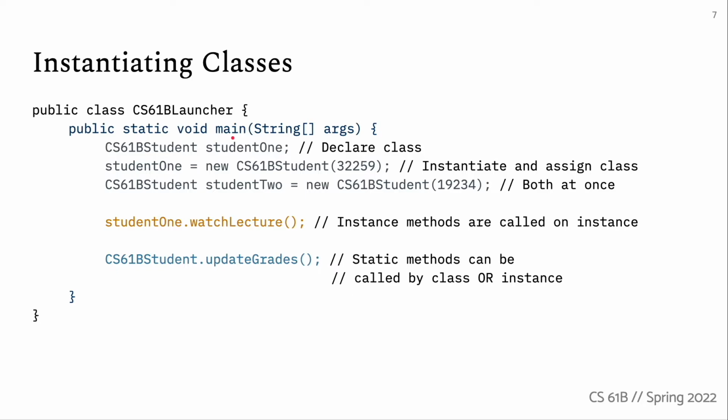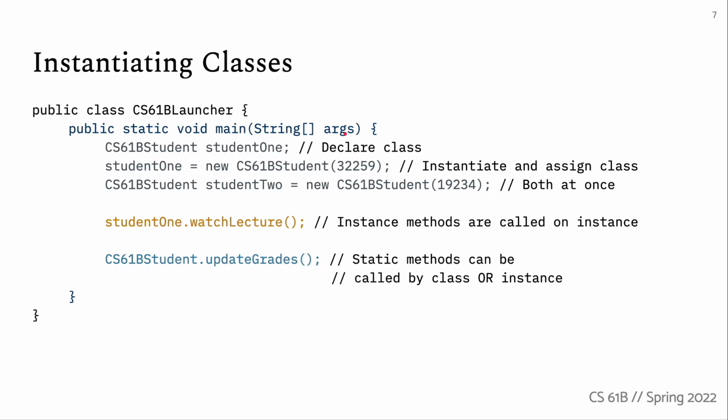Next, you want it to be called main. It has to be called main because this special function is what the computer is looking for when you tell it to run this class from the command line. So main is just special in that way. It has to be called main. And lastly, the arguments have to be a string array.